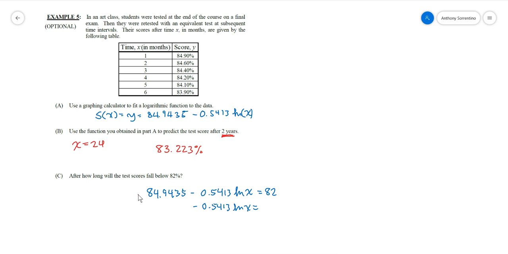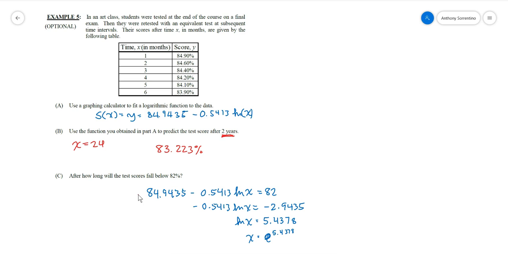and I get negative 2.9435. Then I divide both sides by the negative 0.5413, and I get 5.4378. And then I would take the exponential of both sides, so this would be e to the 5.4378.